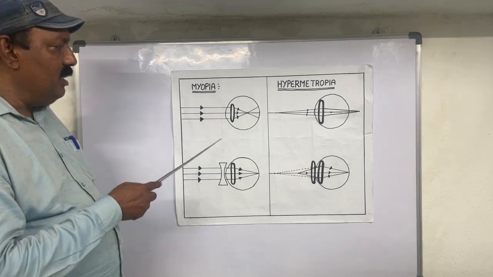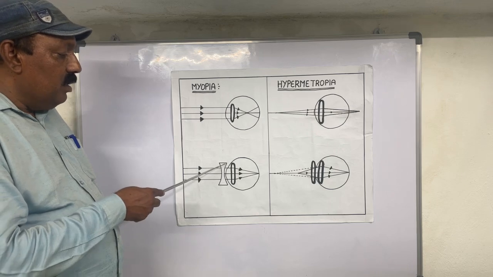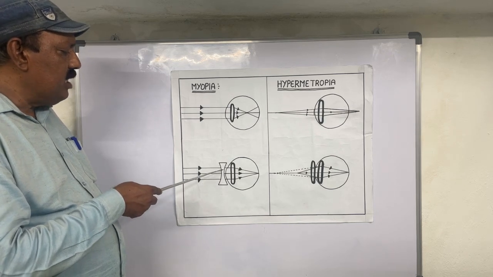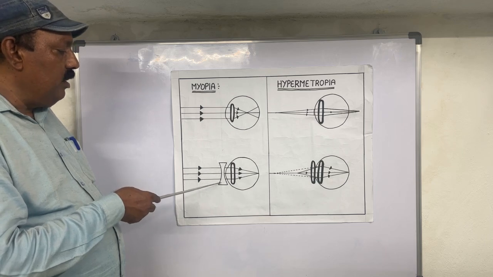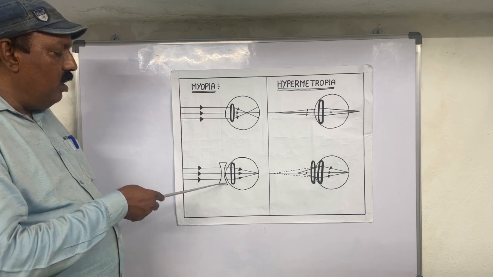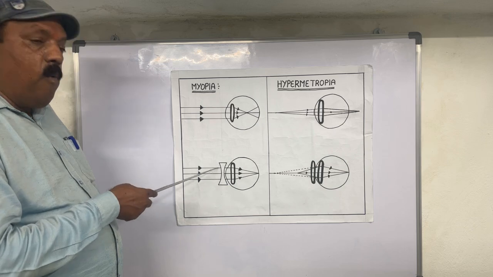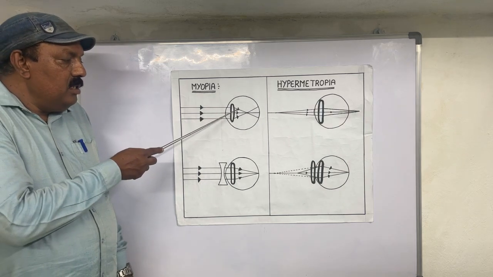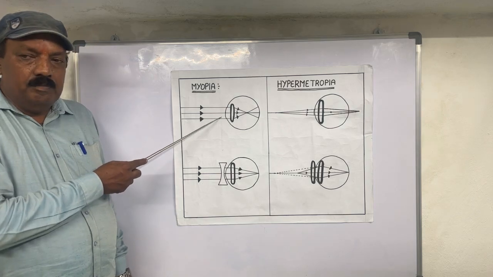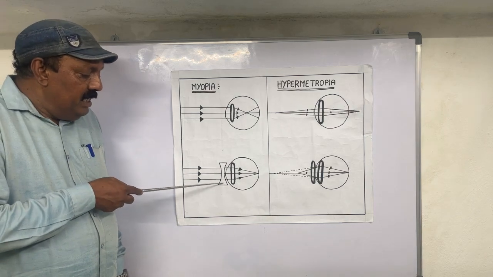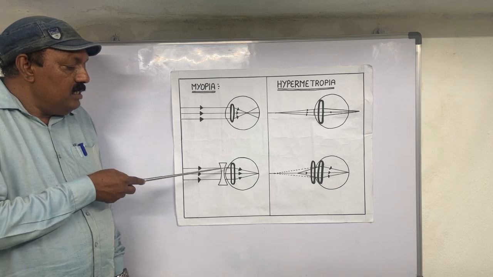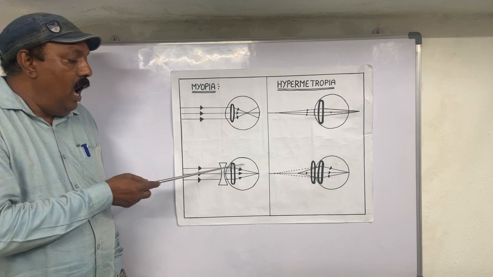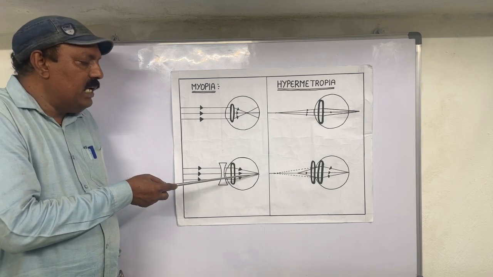And how to correct short sight? The people must have spectacles containing a biconcave lens. What is the function of the biconcave lens? Here the rays are converging early. After inserting the biconcave lens, the rays diverge a little bit to reach up to the retina.